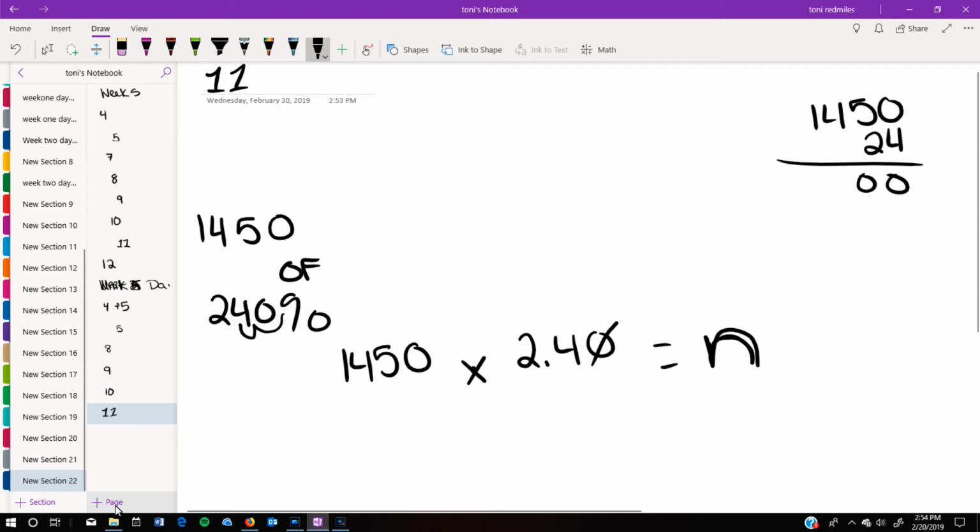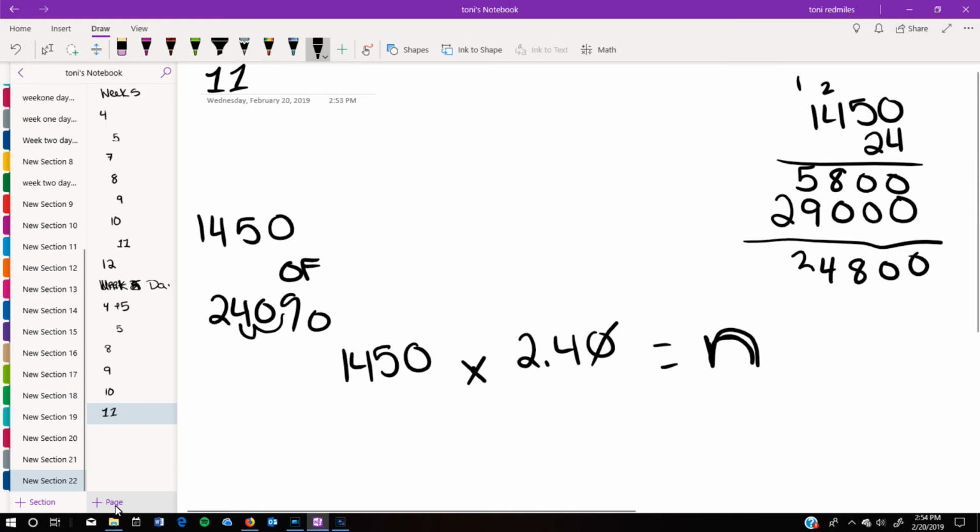So 0, 20, 16, 18, 5. That's my first line. Okay, now on to the 2. So 0, 10, 8, 9, and 2. Add down, put my place value in, and it's only a place value of 1 because I decided not to use this 0.